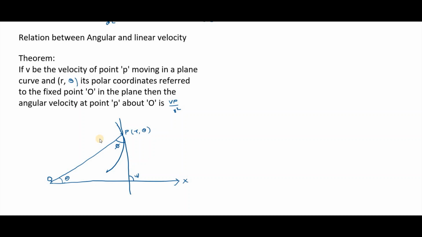Now you have to draw a perpendicular. P is the perpendicular drawn to the tangent.